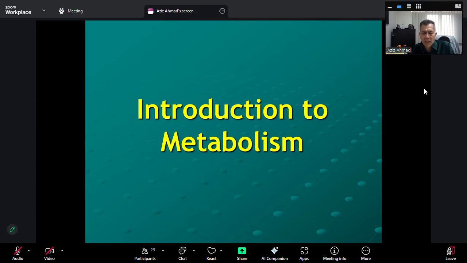When we discuss metabolism, it's not just about the subject matter, but about how you nurture yourself into critical thinking, because sometimes we do not use the subject matter in our life. But the most important is the gist from the exercise of learning metabolism in biochemistry that you will use when you enter industry soon.